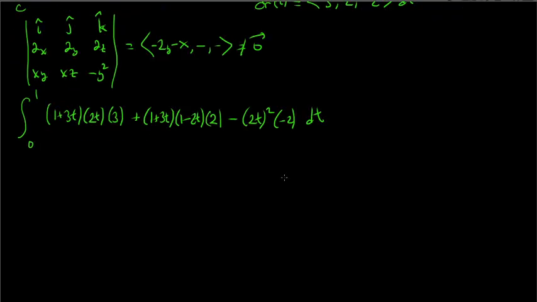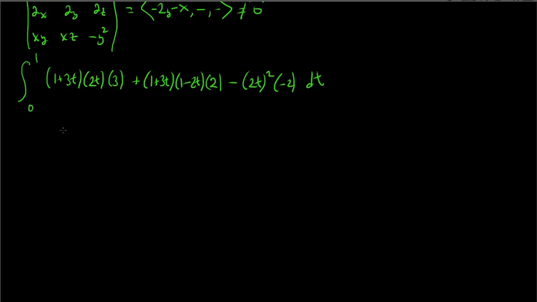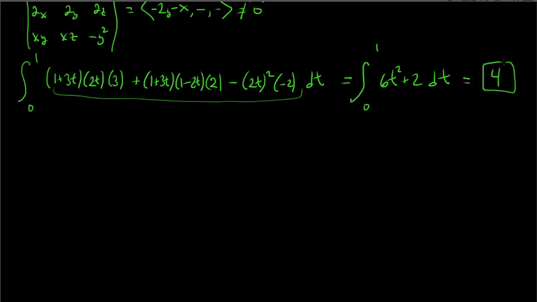All right, so not a difficult definite integral to work out. I mean, just multiply it all out, work it out. So I think this becomes 6t squared plus 2 dt, and that ends up being 4.